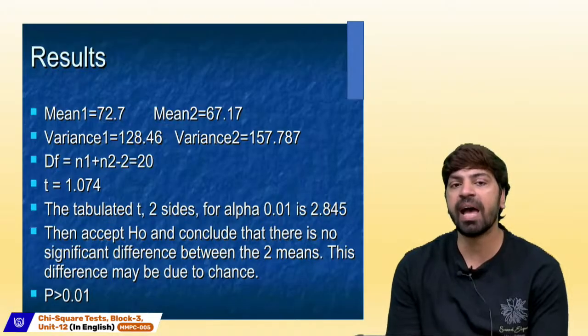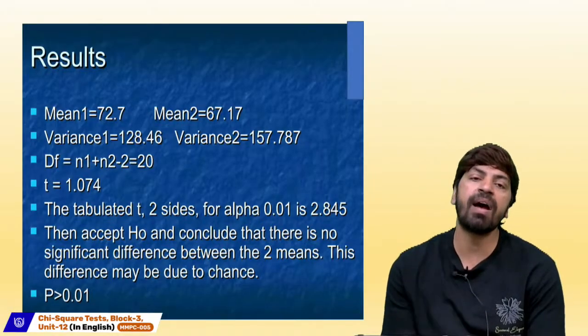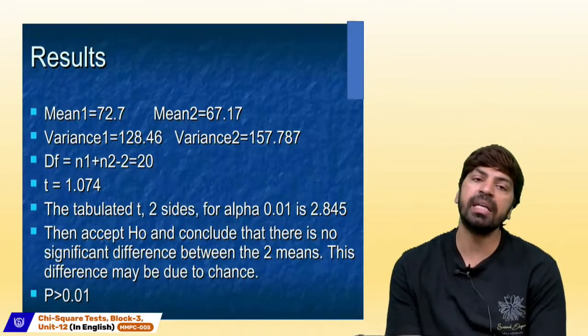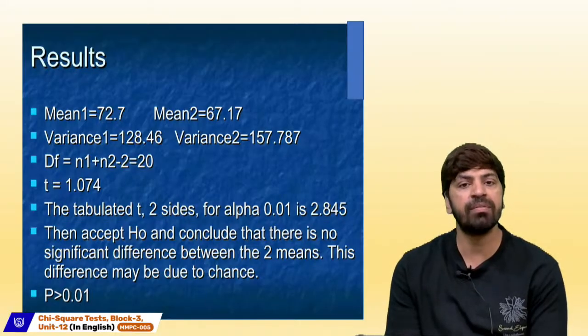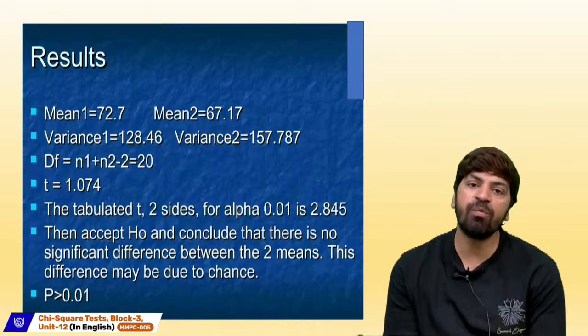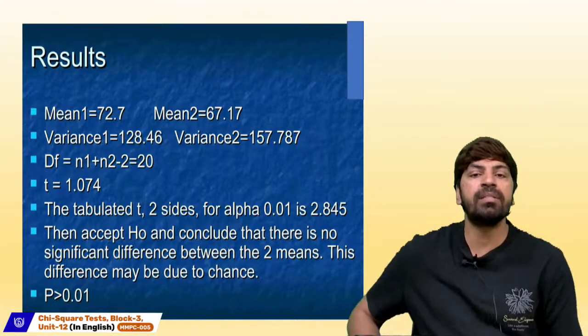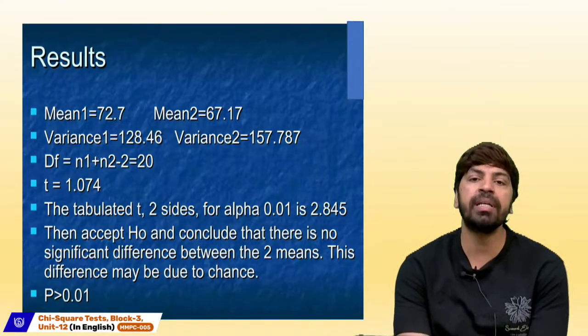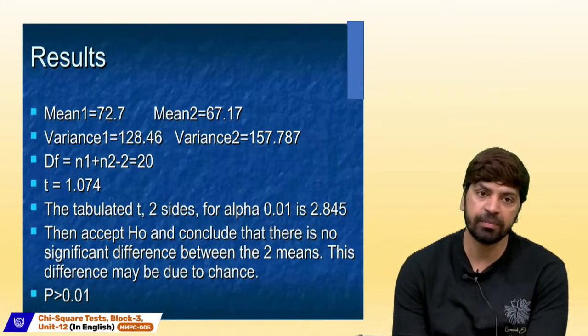Then how to calculate the t value? Putting the values into the formula, we have estimated the t calculated value, that is 1.074. We compare with the tabulated value at 0.01, which is 2.845.